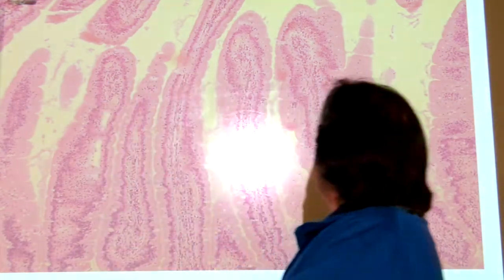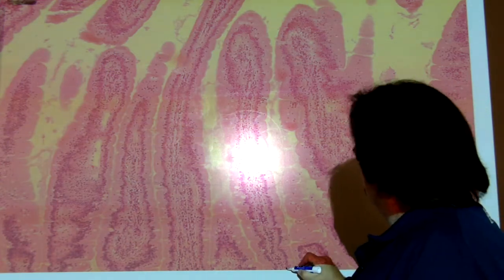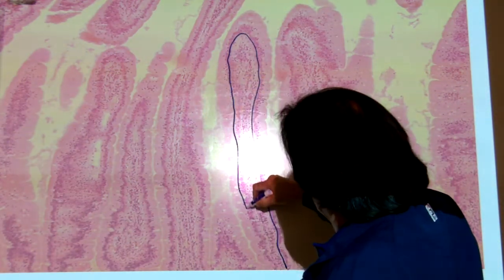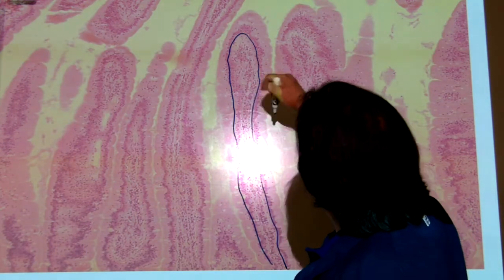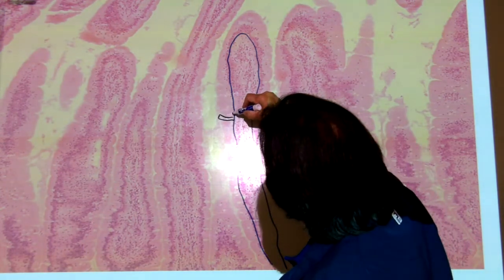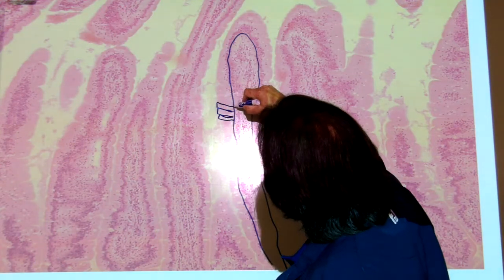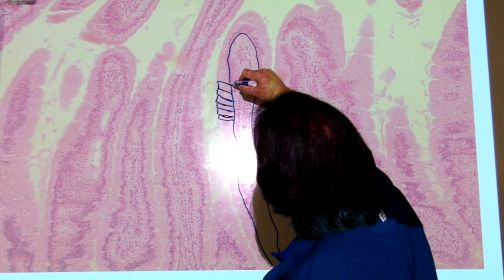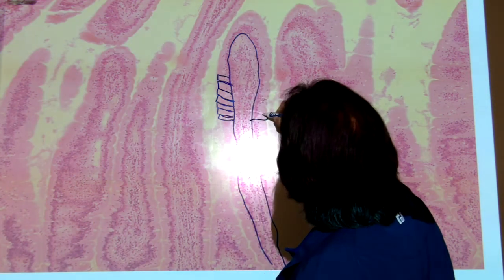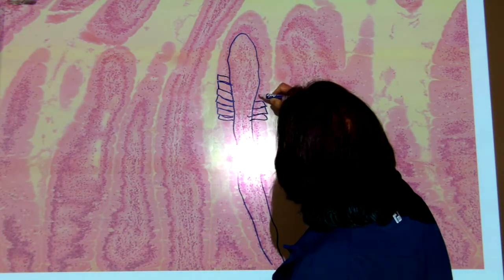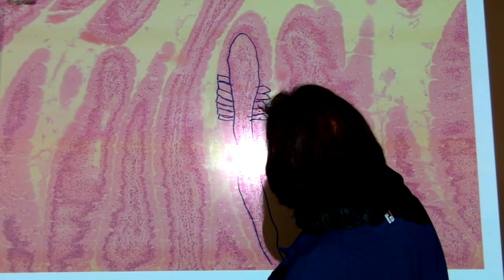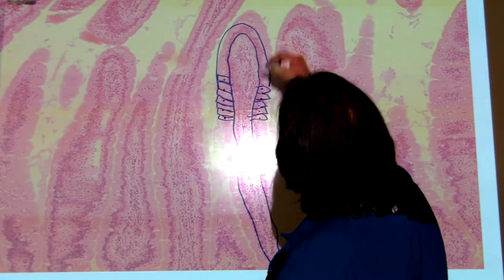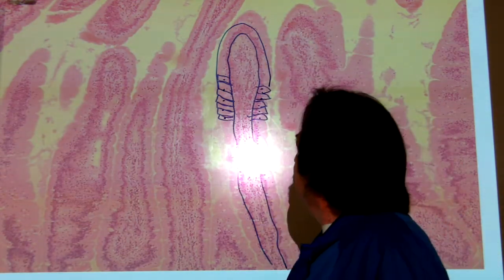So, what is the epithelium? All this in the center is connective tissue, and then you have your columnar tissue. The picture in the book is deceiving because it's taken at a different angle, but this is what you need to see. Columnar cells going all the way around and up that way right there.